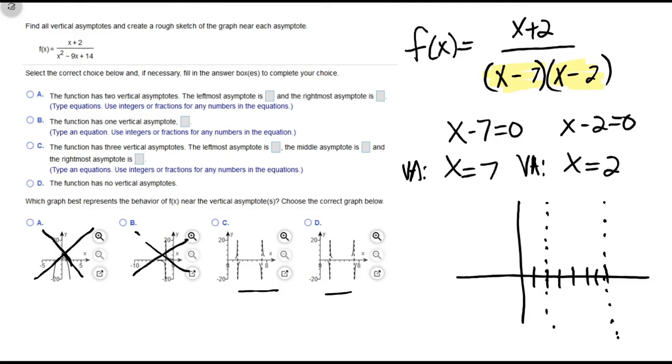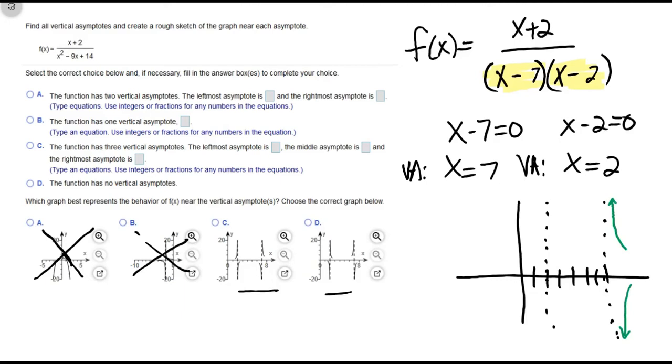Now, vertical asymptotes will have your y values either going to infinity or negative infinity. We don't know which one, and that's why we need to figure out how to sketch the graph. What I mean is if I go on this side of the 7, my graph might be going up to infinity like this, or my graph might be going down to negative infinity like that.